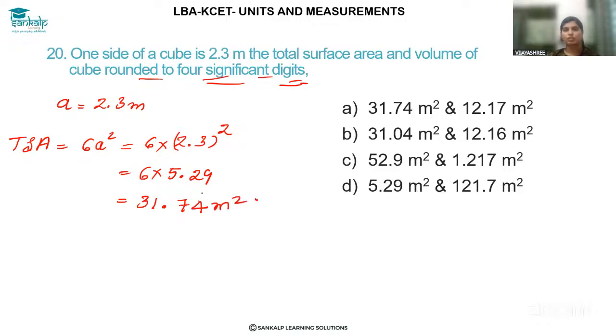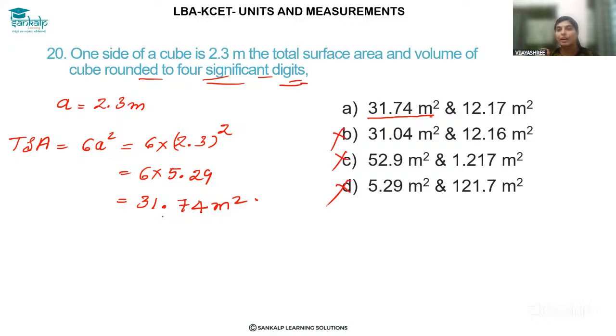So total surface area is 31.74 meter square. Which option has surface area 31.74 meter square? This one. So we can eliminate the rest.